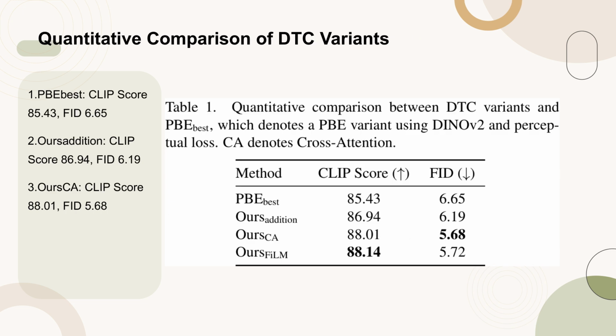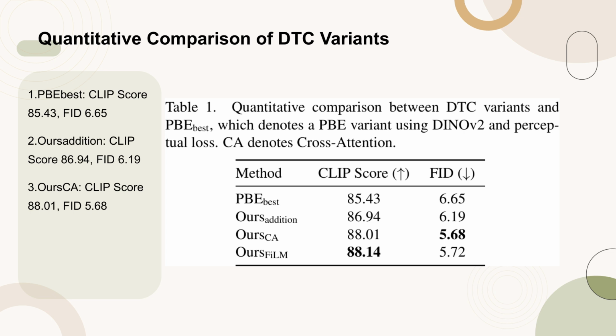Table 1 provides a quantitative comparison between different variants of DTC, Diffuse to Choose, and PBE-based, a PBE variant using DINOv2 and perceptual loss. The table highlights the performance metrics of CLIP score and FID for each method. PBE-based shows a CLIP score of 85.43 and an FID of 6.65.